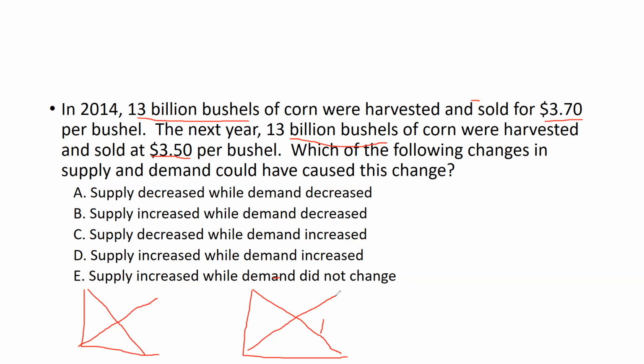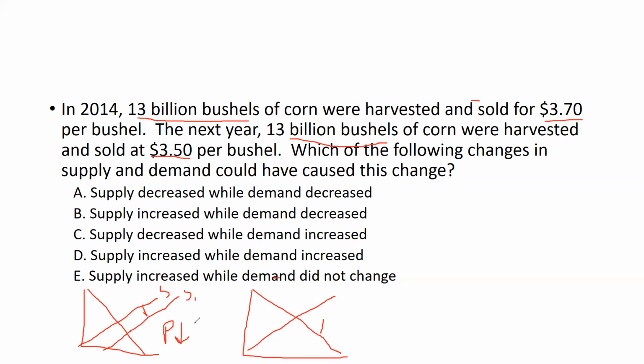Okay. All right. Well, the first thing is, I know I need price to go down. So I'm going to switch supply to the right, which a lot of you had. If I switch supply to the right and that's all, I get price down, but I get quantity up.